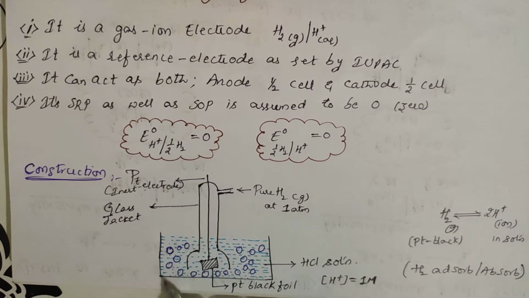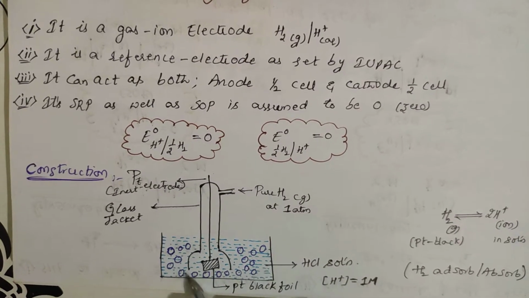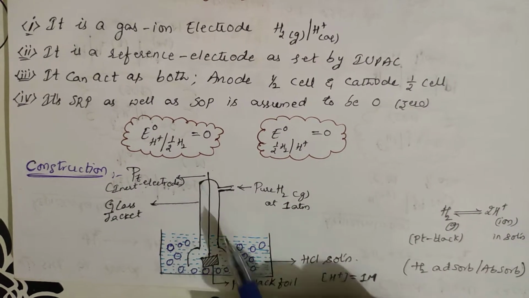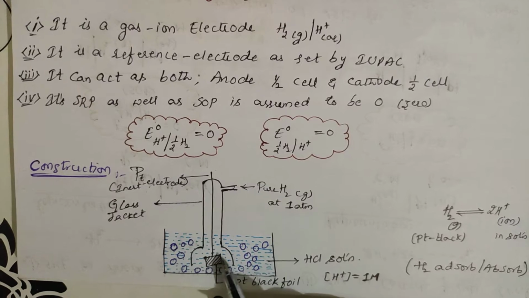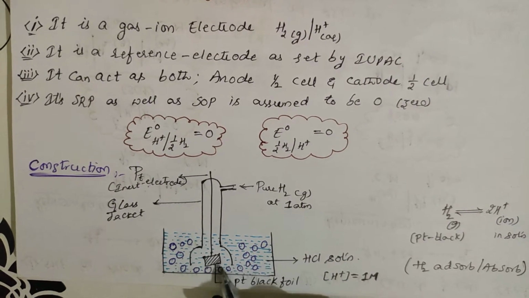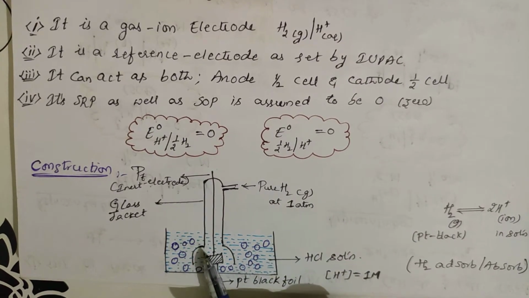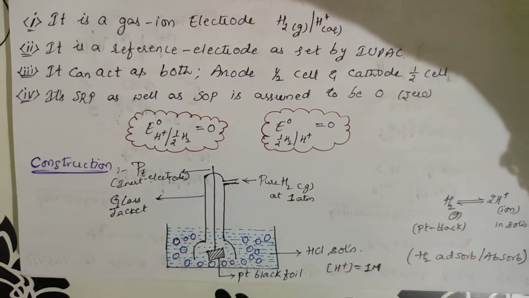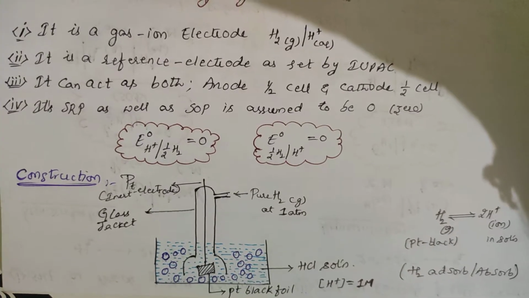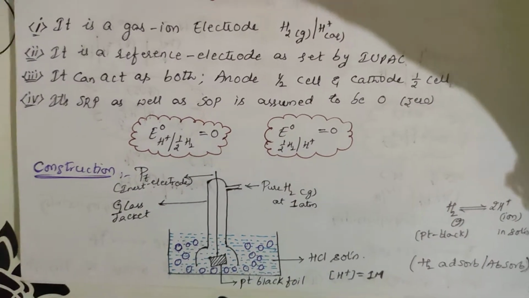This is the condition. Say a beaker, in that beaker you are having HCl of 1 molar solution, and a platinum rod. At the bottom you are having platinum black foil. This platinum foil is covered with a glass jacket, and at the top of the jacket you are having one hole from where you can send pure hydrogen gas of 1 atmosphere.